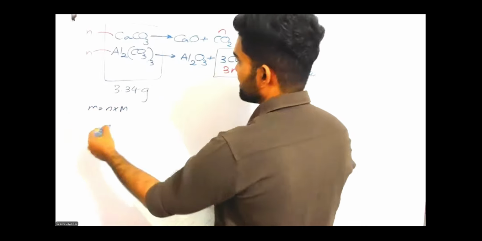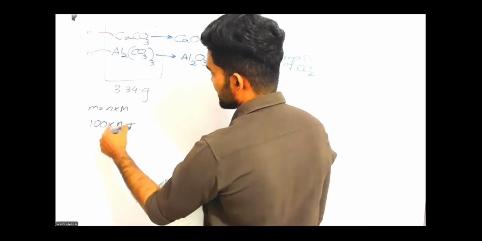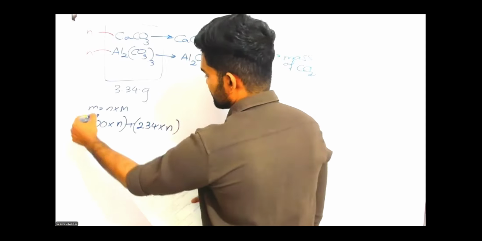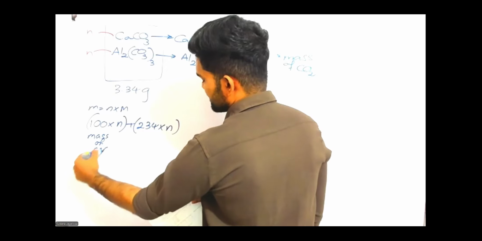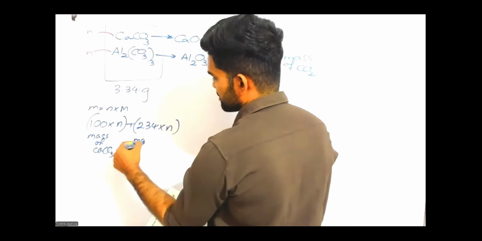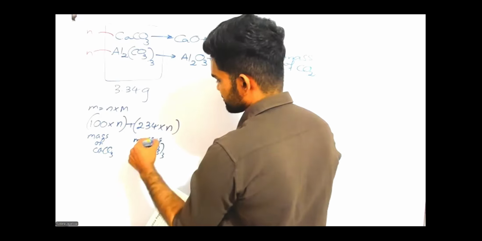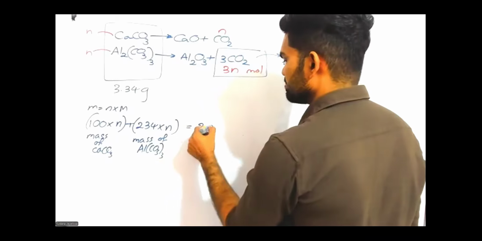So 100 times n is the mass of calcium carbonate, and 234 times n is the mass of aluminum carbonate, and the total will be equal to 3.34.